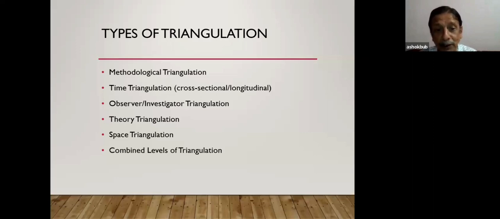So theory triangulation refers to combining, let us say, socio-political and psychological theory, and then trying to understand a particular phenomenon. For example, during a particular government, taking into consideration the rural and the urban component, and also the psychological happiness component or the living conditions as a factor.